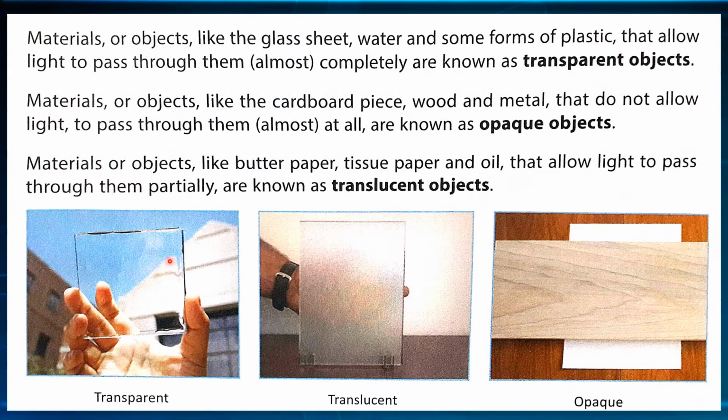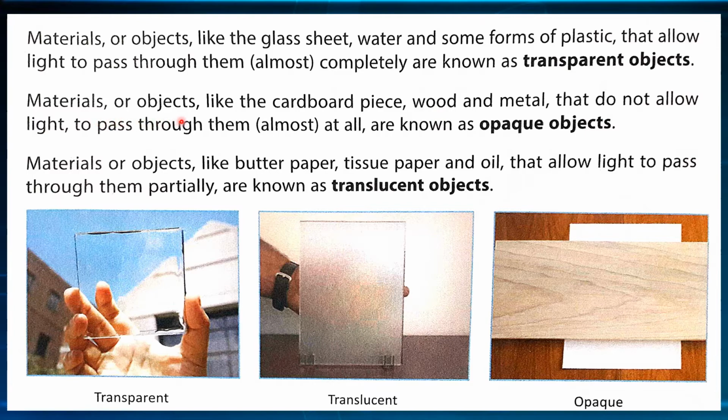Students, let us understand transparent objects, opaque objects, and translucent objects. Materials or objects like the glass sheet, water, and some forms of plastic that allow light to pass through them almost completely are known as transparent objects.